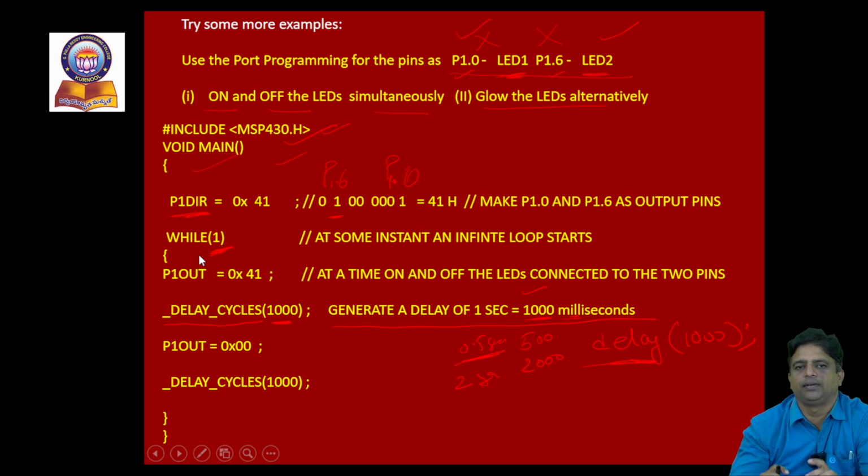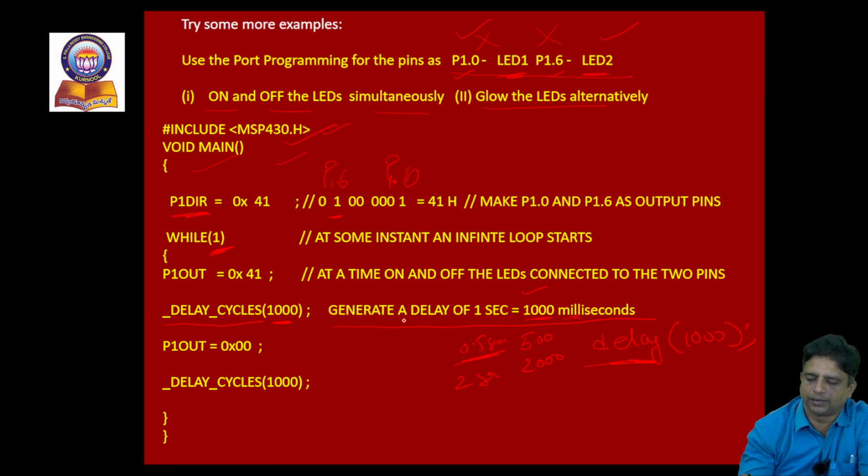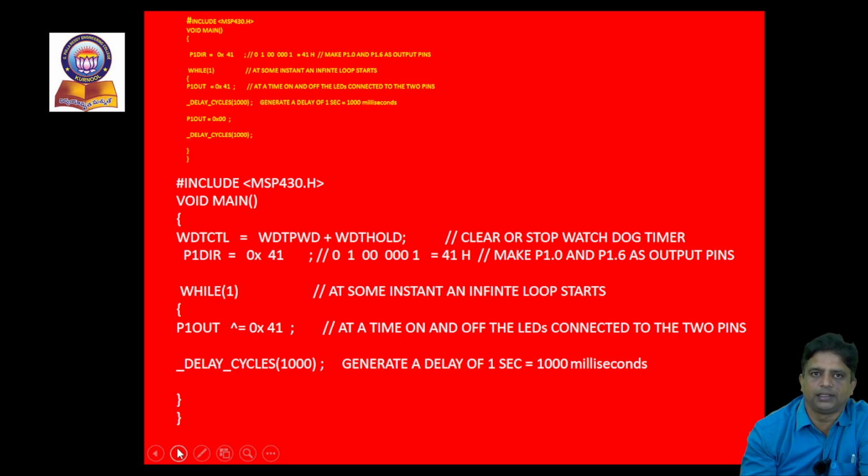Now take the same program and, for the second case, they should be operated alternately. This program highlights that. First line in common, second line in common, then make the setting. The only difference that we would like to show is that both are on and off simultaneously. One new line you could see here is in the same program. This is not the second case, it is the first case itself.